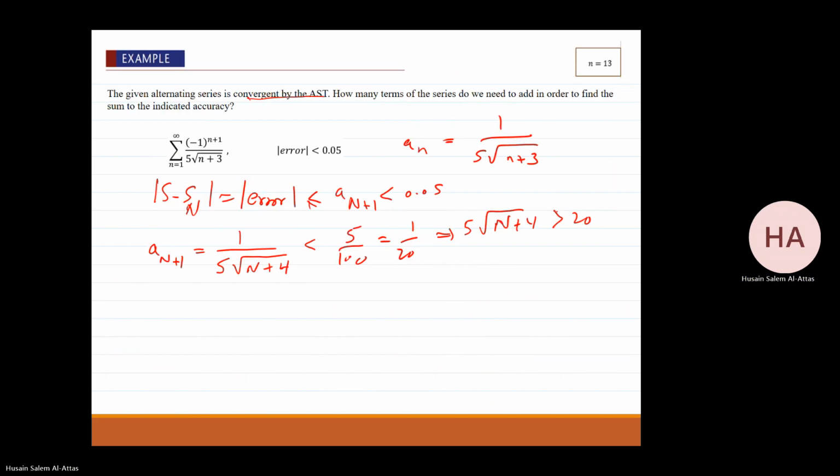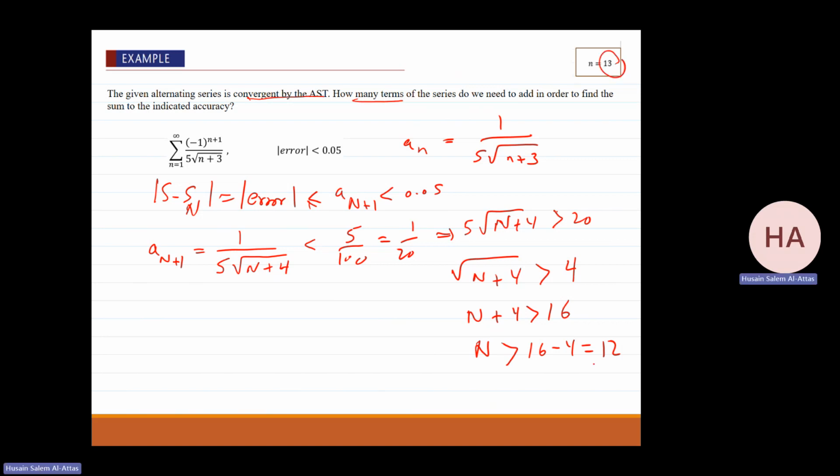It means I need square root of n plus 4 to be greater than 4. Squaring both sides, I need n plus 4 greater than 16. So n should be greater than 16 minus 4, which is 12. So how many terms do I need? I need 13 or more, since n should be greater than 12.